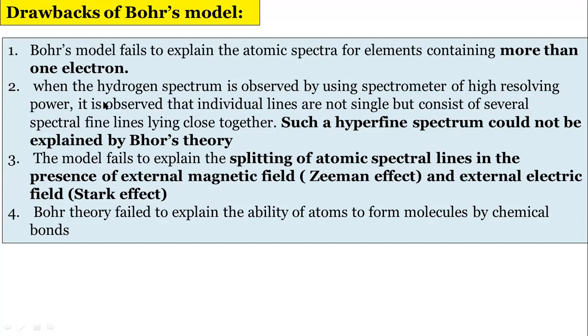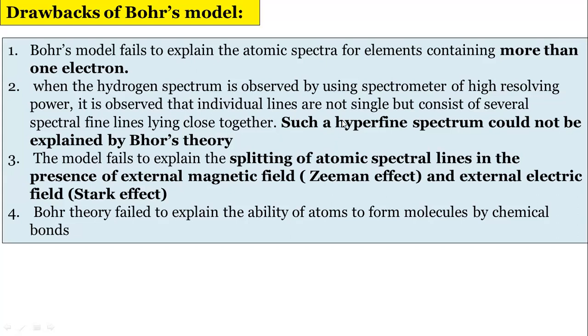Then the second drawback, or second limitation, is when the hydrogen spectrum is observed using a spectrometer of high resolving power. High resolving power means that when the spectrum observed by Bohr is observed under a microscope whose resolving power is very high, that is, when the spectrum is zoomed, it is observed that the individual lines are not single.